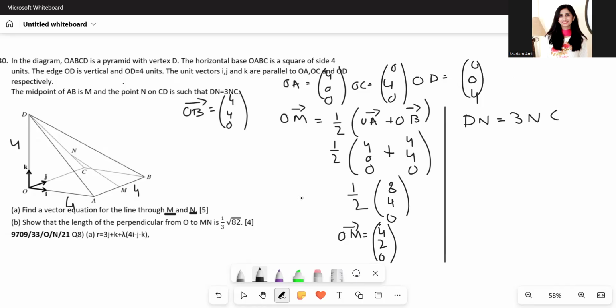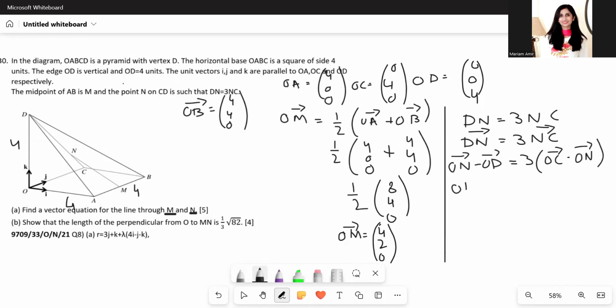All right, so N is on the line CD. So this also implies that the vector DN is equal to 3 times the vector NC. That would be ON minus OD equals 3 times OC minus ON.